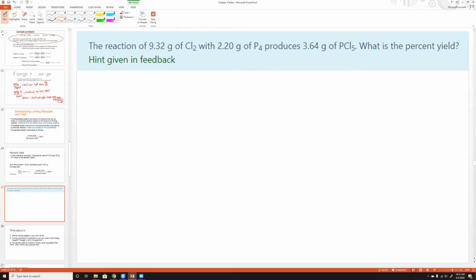The reaction of 9.32 grams of Cl2 with 2.2 grams of P4 produces 3.64 grams of PCl5. Before we even talk about the masses, we're going to write the equation. Cl2 plus P4 equals PCl5.